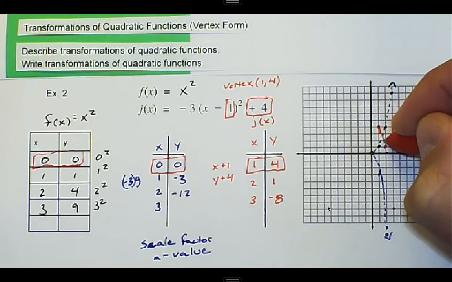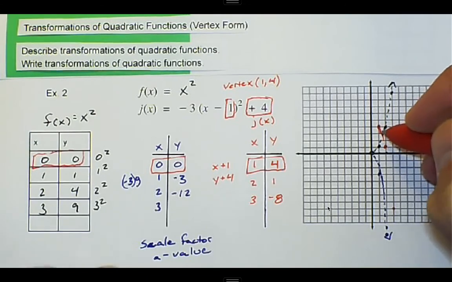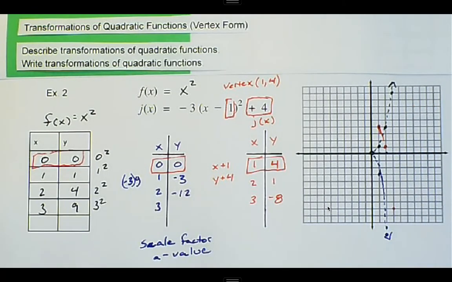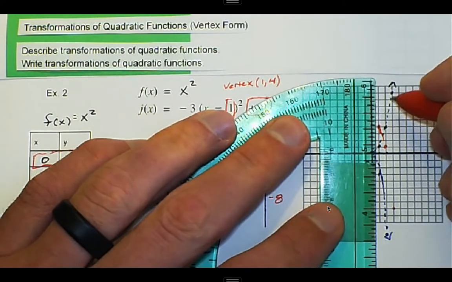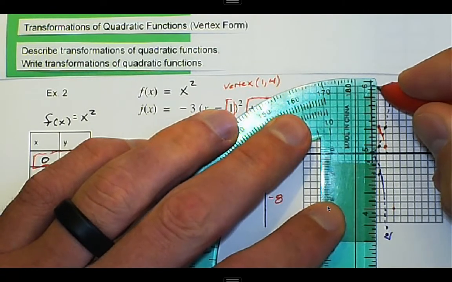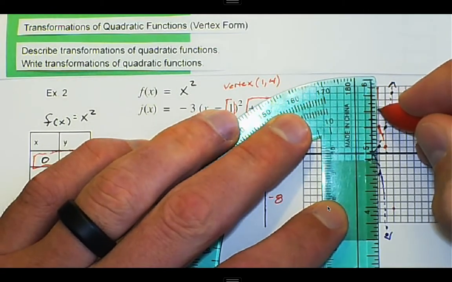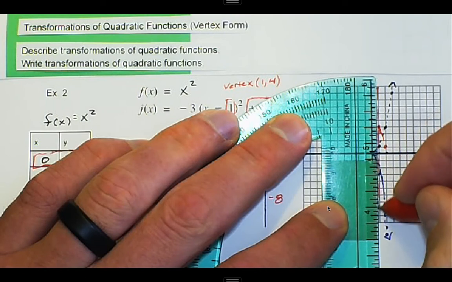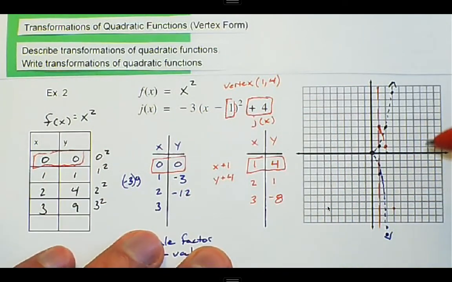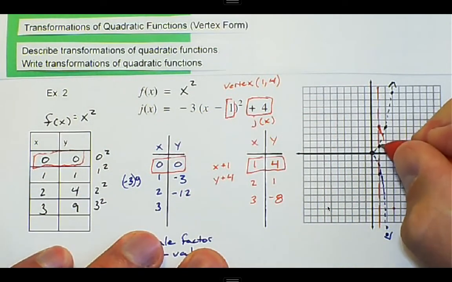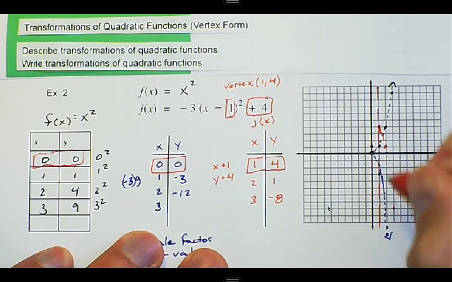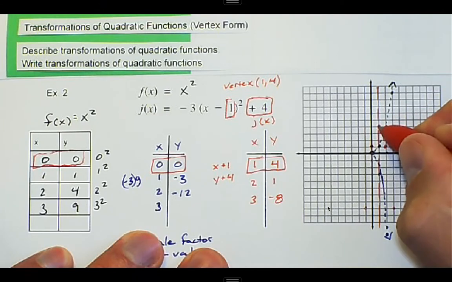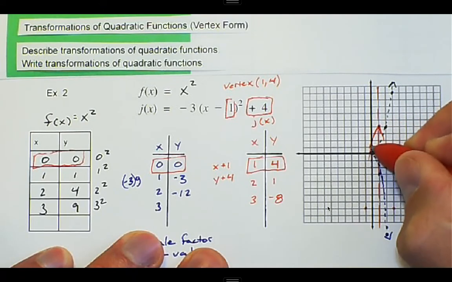Before we graph the other side, let's draw the line of symmetry on there. Now we can use our line of symmetry to figure out the other half of the graph. So over 1, over 2. And then we can graph both sides of the parabola for our finished product.